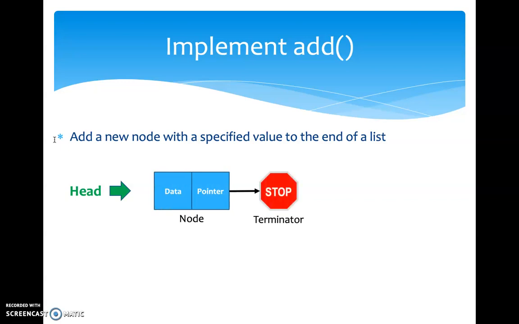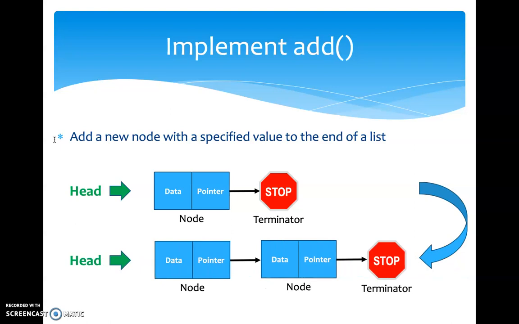The second scenario is that the single linked list has one or more nodes in the list, where the head of the list points to the first node. In this case, we need to traverse the list by following the pointer in each node until we find the last node, where its pointer points to the terminator or null.